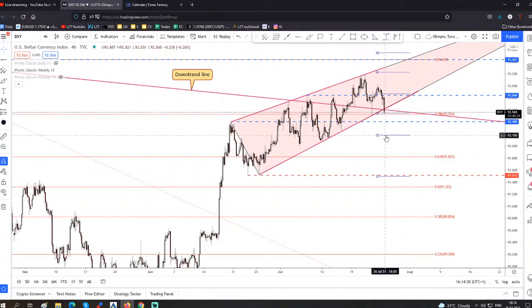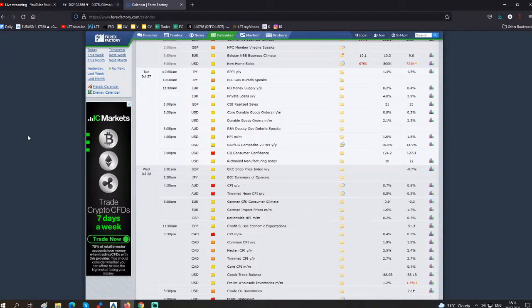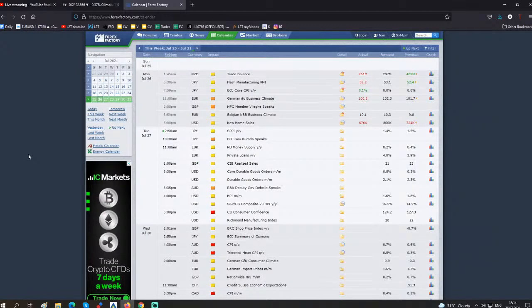So right now, as I've told you, the DXY drops. If you take a look at the economic calendar, here are the US new home sales, worse than expected data.